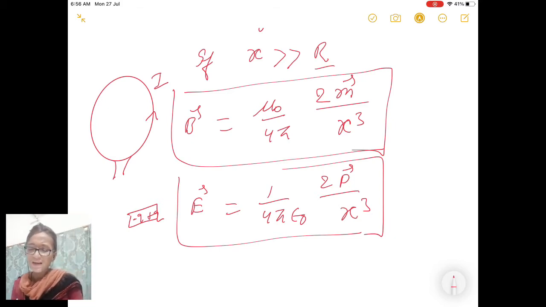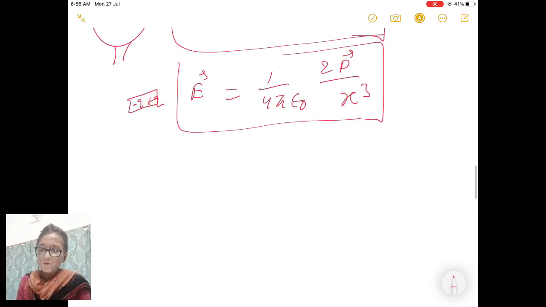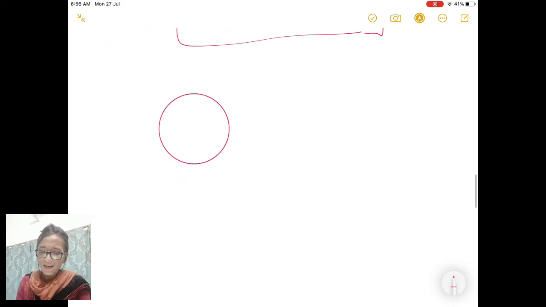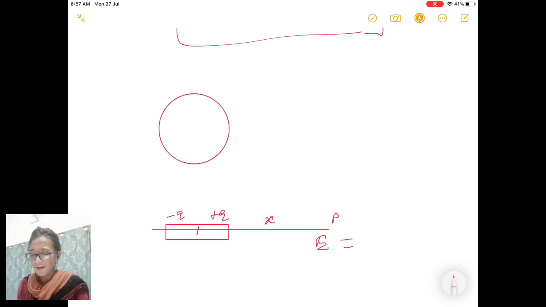Now this was the field along its axial point. Similarly you can make an analogy and find the magnetic field using the electric field along the axial point due to an electric dipole. The electric field due to an electric dipole is equal to 1 upon 4 pi epsilon naught, dipole moment vector P upon r cube.